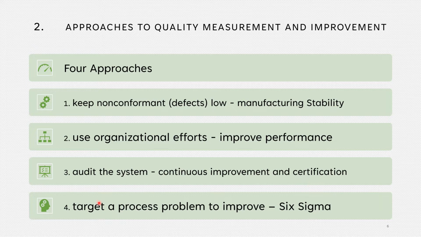Now we're gonna target a process or program to improve, and this is where we use something called Six Sigma. Okay, Six Sigma is where we aggressively improve a process or an operation, so targeted ones. So these are all 4 approaches that we use in quality measurement and improvement.